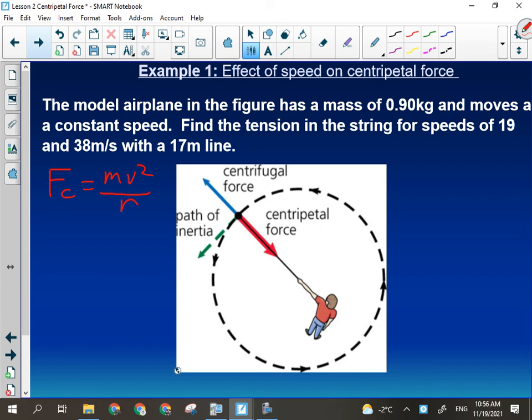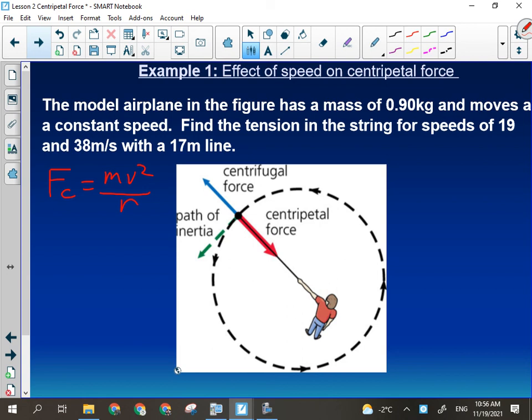According to that formula, as speed increases, what should happen to centripetal force? If everything else stays the same and V gets bigger, what will happen to FC? It'll increase. How? Linearly or exponentially? Exponentially. As soon as V starts getting bigger, because V is squared, it'll cause an exponential increase in FC.